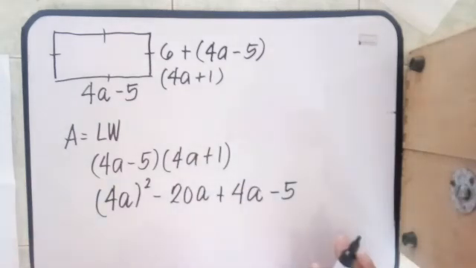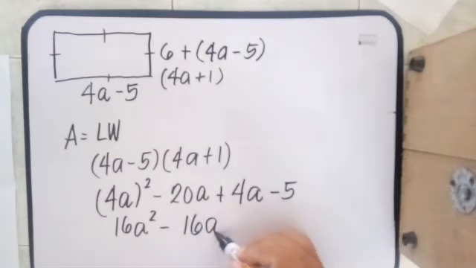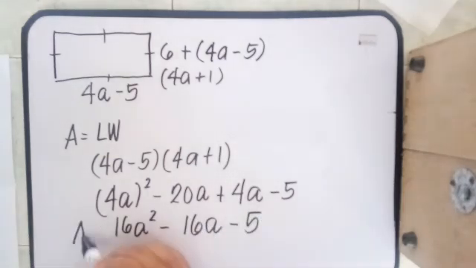Okay, what else? Let's solve this. This will become 16a squared. This is minus because they have different signs. This will be negative 16a and minus 5. That will be the area of your rectangle.